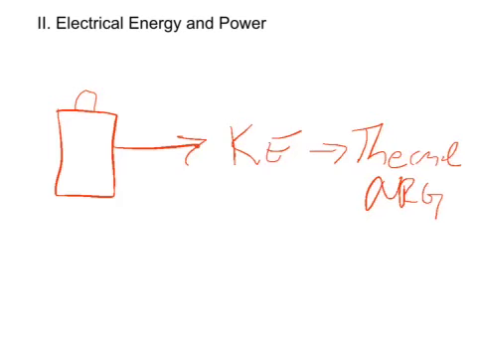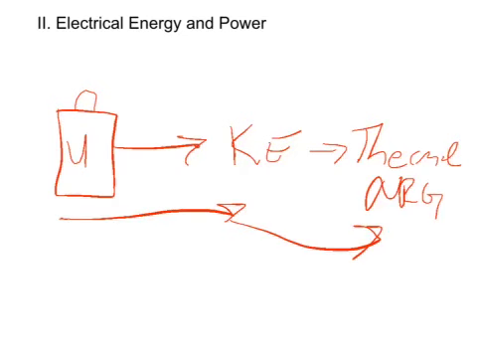And we can see this whenever a light bulb, after it's been on for a little while, warms up. The circuit uses up the energy that's provided by the voltage source, converts that potential energy into kinetic energy of the electrons, into the thermal energy in our circuit.